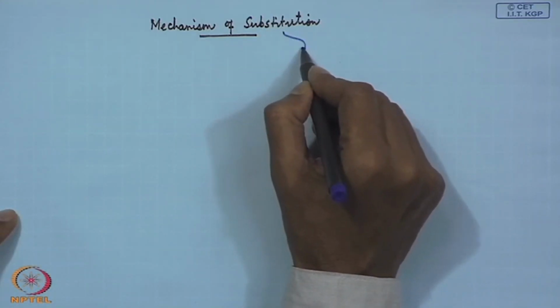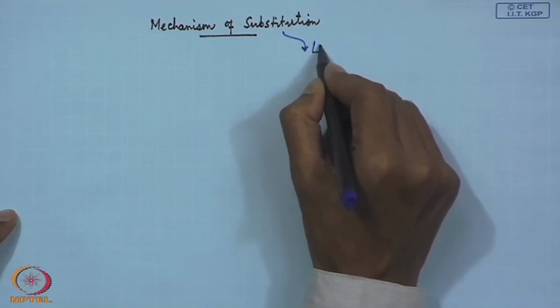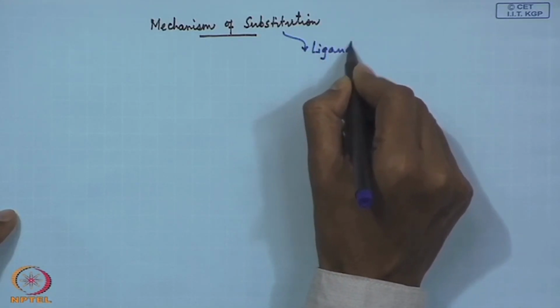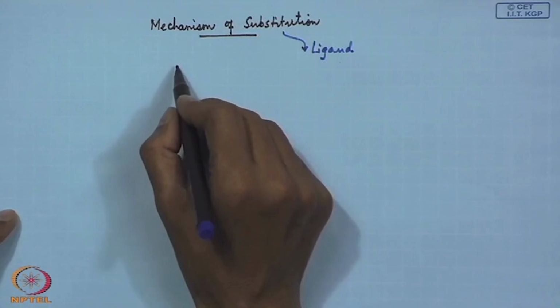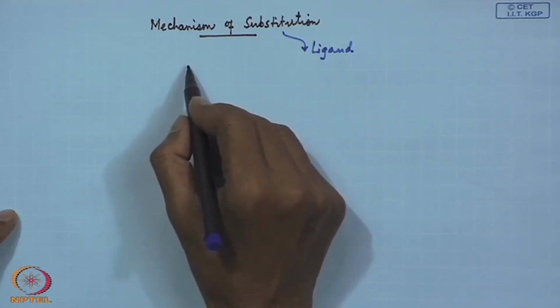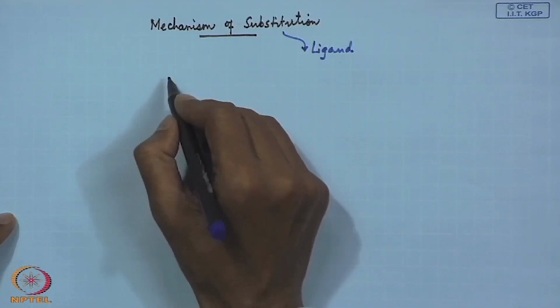You can consider it as ligand substitution reactions around the metal center. And when we add the stoichiometric amount of metal and the ligand, we have the stoichiometric mechanism.